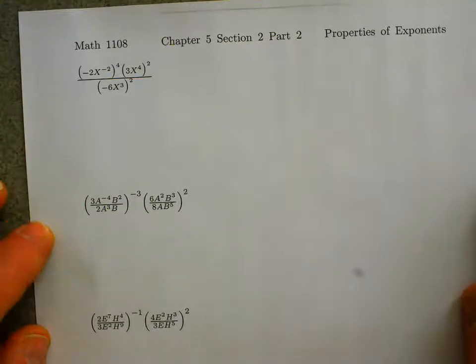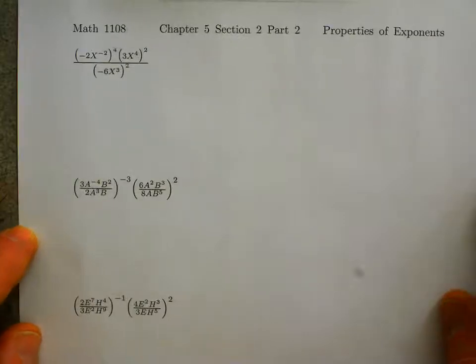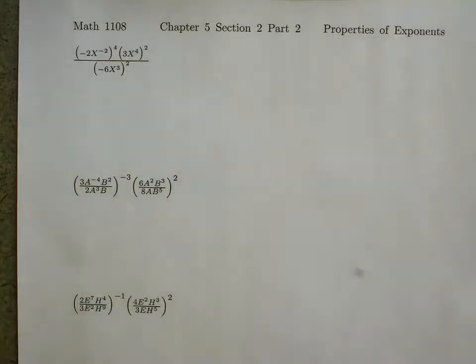Okay, this one, in the numerator, we have the term negative 2x to the negative 2 raised to the power 4 times the term 3x to the 4th raised to the power 2. And then in the denominator, negative 6x to the 3rd raised to the power 2.